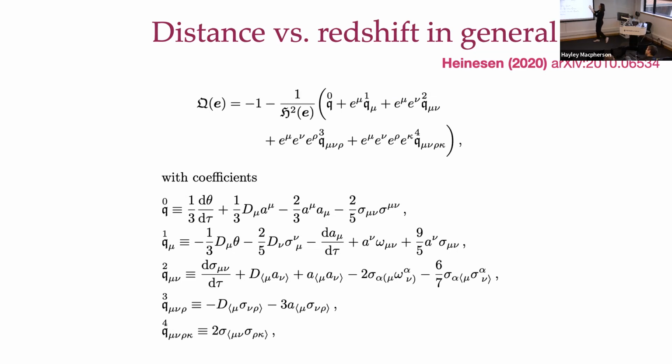Just quickly, I want to run through the example of the effective deceleration parameter. Similarly, we have a monopole term, which is independent of the direction we look. We have a dipole, quadrupole, an octupole, and a 16-pole, and this is where it truncates. If we focus for a second on the monopole term, the isotropic term, it is given by this expression here.